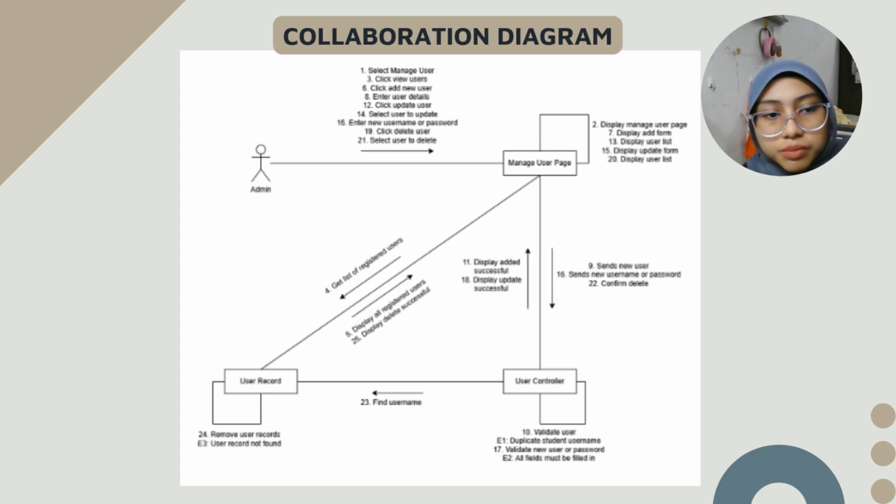From the manage user page to the user record, it is to get the list of registered users. So to get it from the user record, it will display all the registered users through the user page. And then from the user controller, it will find the username through the user record.